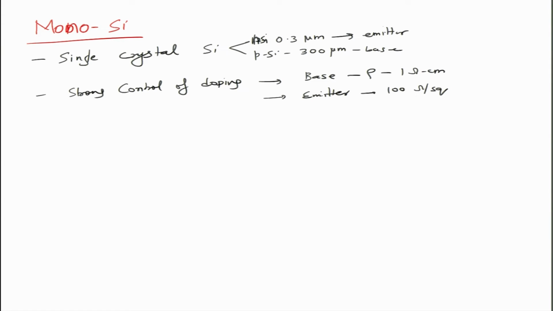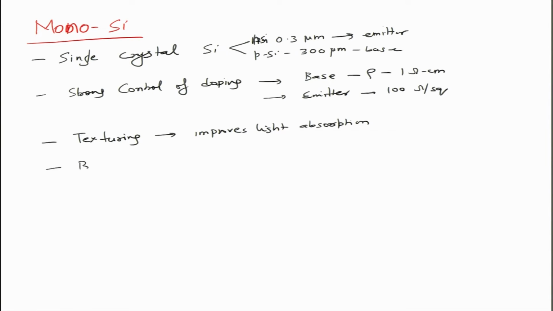and it also improves the. It is also important to dope it carefully so that you have good surface recombination, surface characteristics. And then we have surface texturing, which improves light absorption, right?